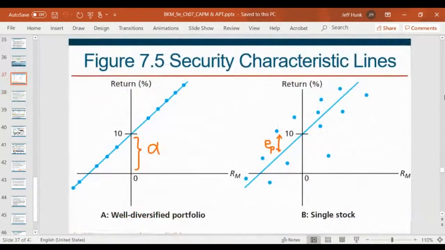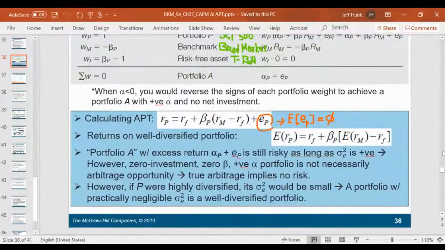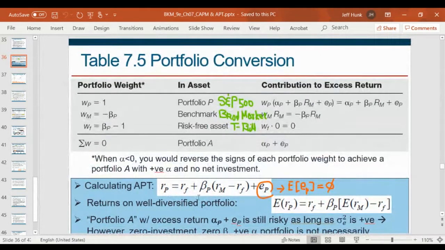And regardless of whether alpha is actually positive or negative, if it is negative, we simply need to switch the algebraic sign of the weights, right?